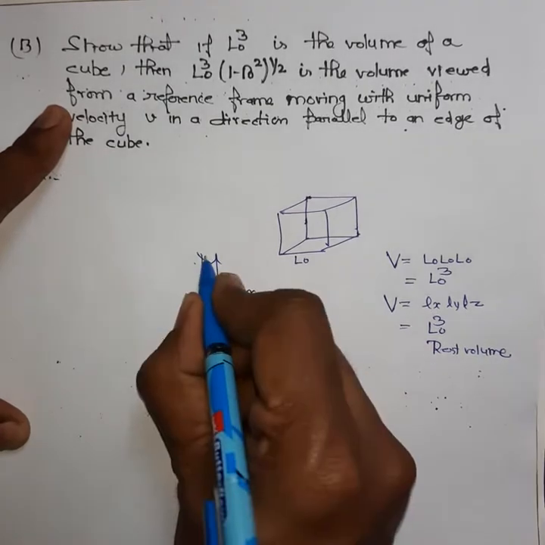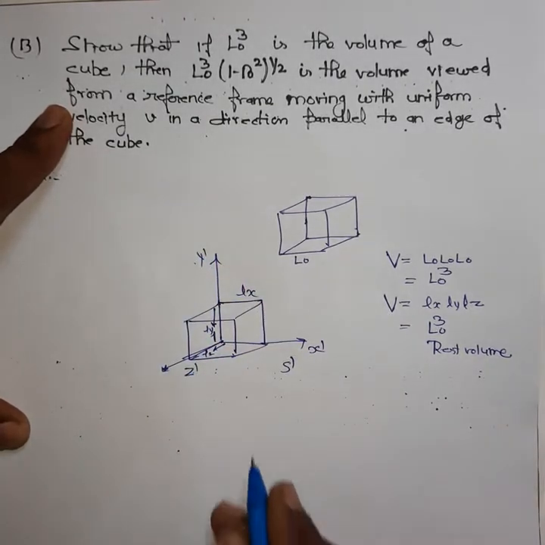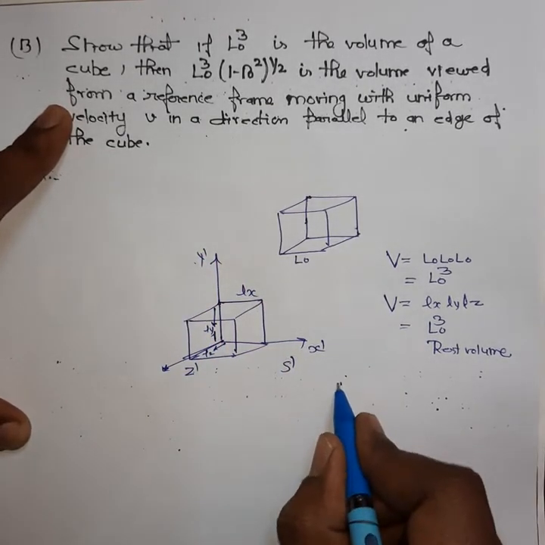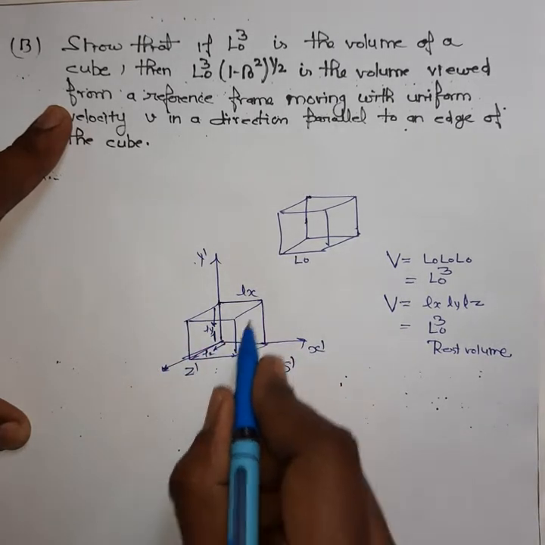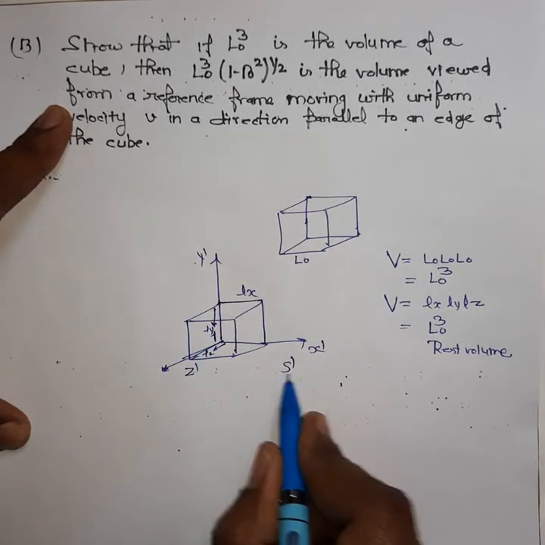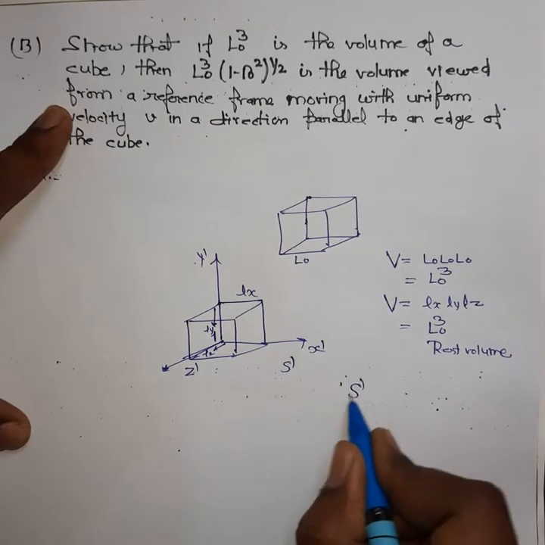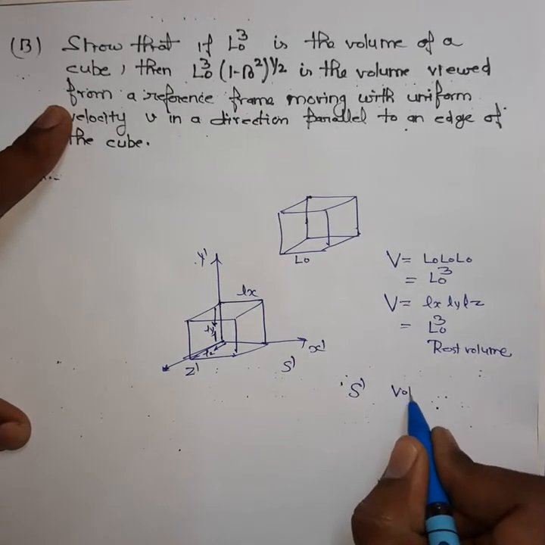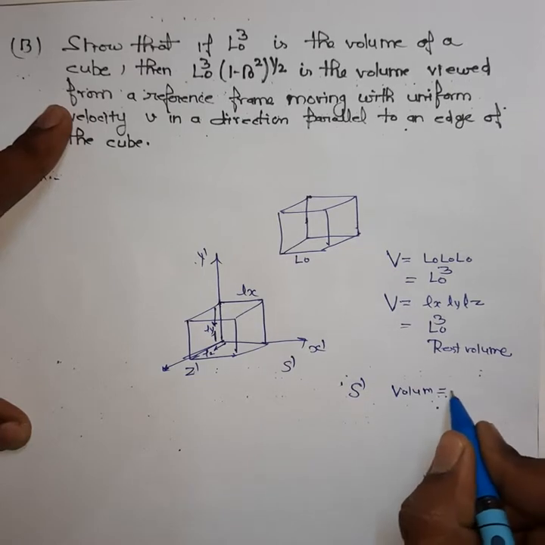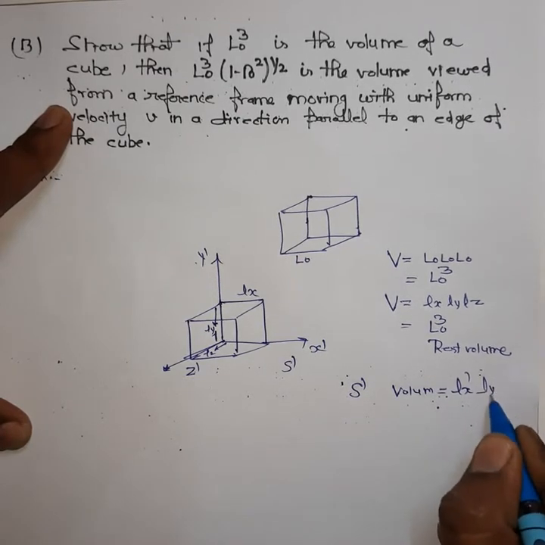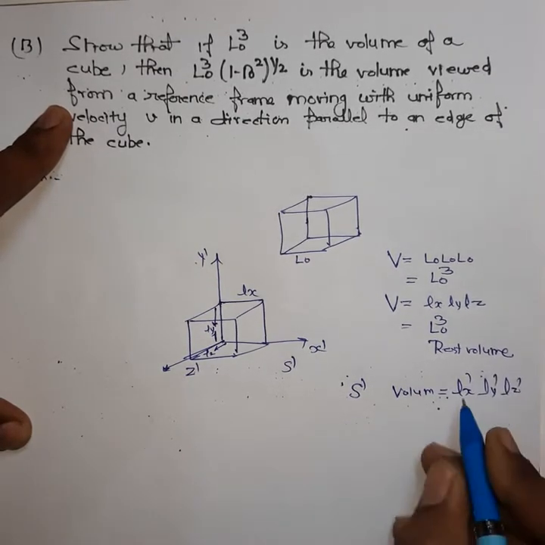As usual we use x dash, y dash, z dash as the coordinates. So in this case this cube is at rest in S dash frame of reference, so its volume in S dash will be Lx dash, Ly dash, Lz dash.